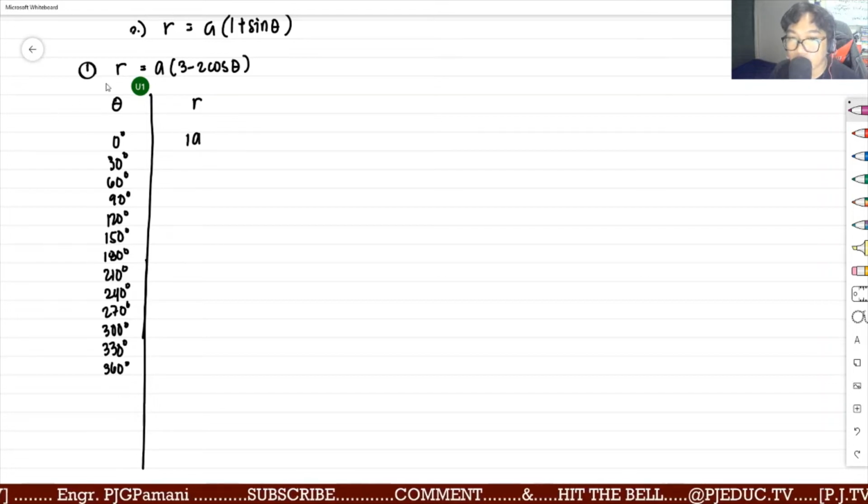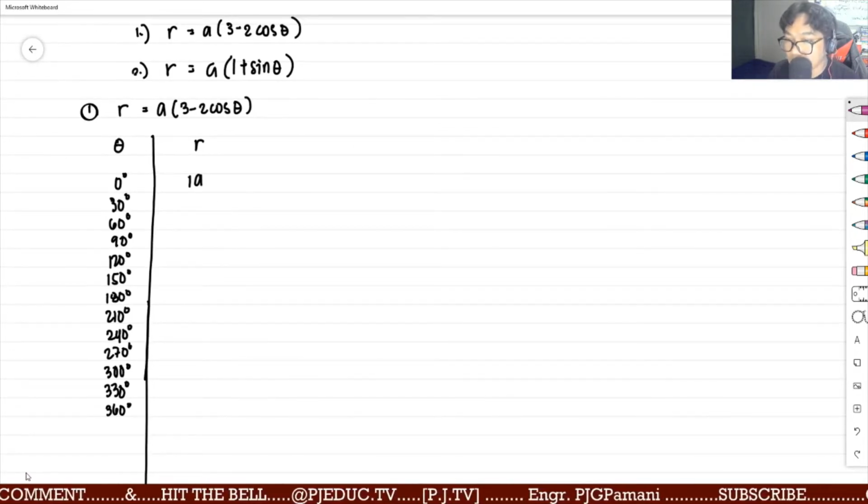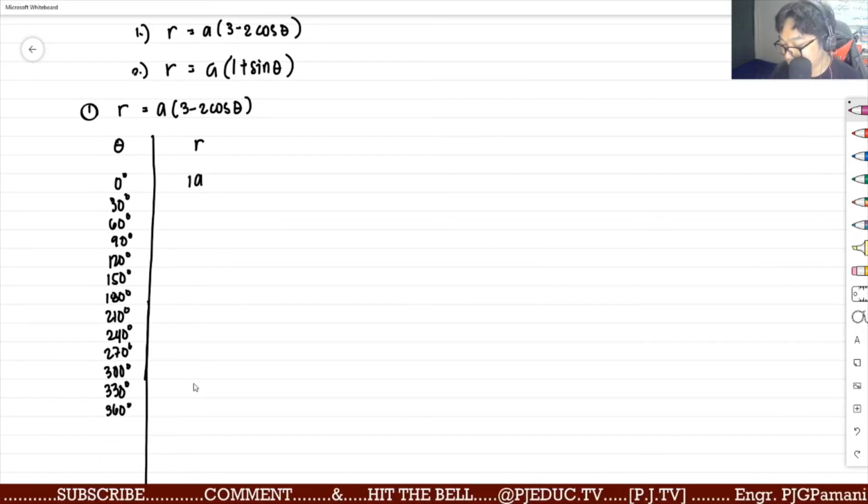Kayo nang bahala kung anong difference or interval ng inyong angle. Mas maliit na difference or interval ng angles or ng theta, mas define yung inyong drawing, pero mas matagal niyong ipa-plot yon.